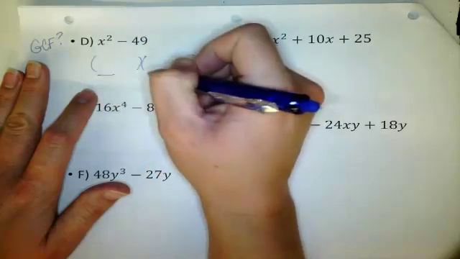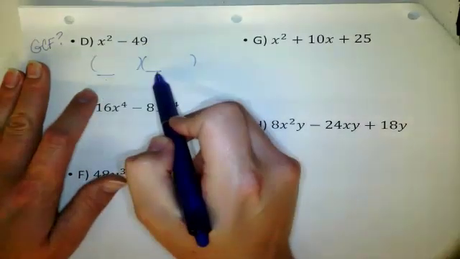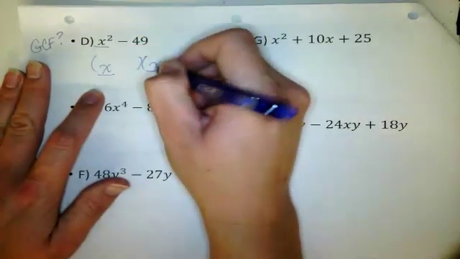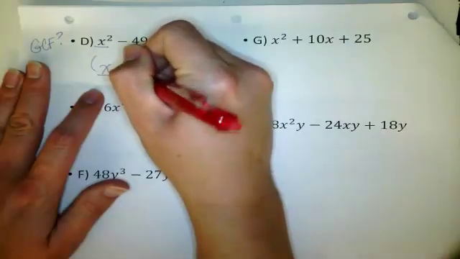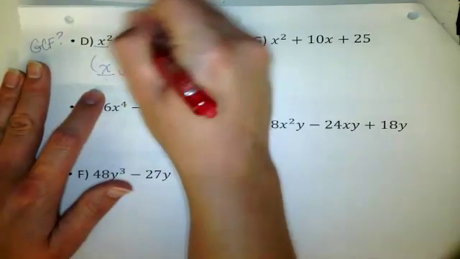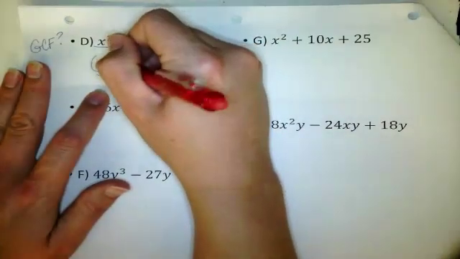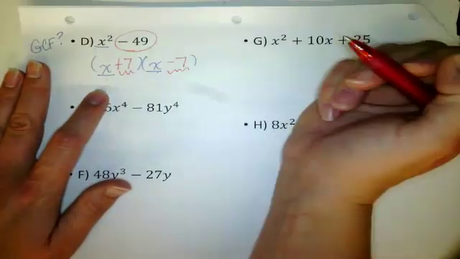What times what is x squared? X times x. And last times last has to be negative 49. What times what is negative 49? Positive 7 and negative 7.